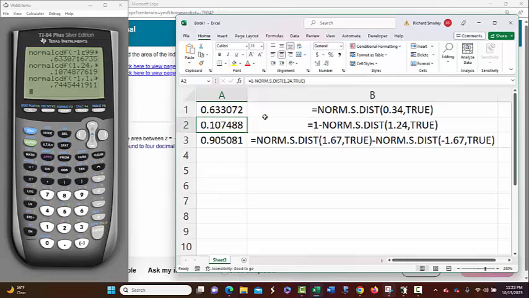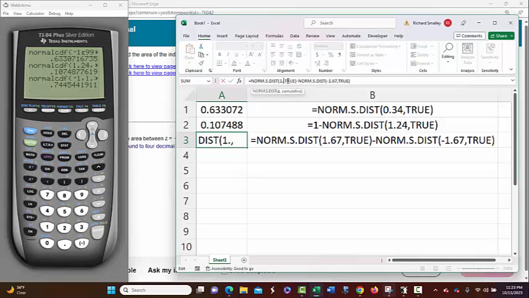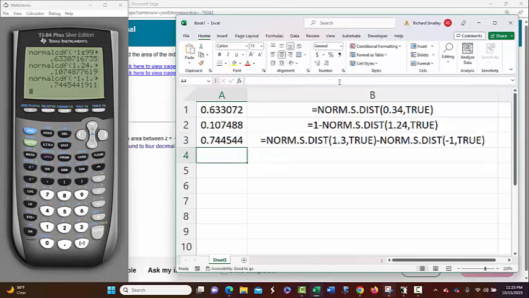But for Excel, the top one's less than, second one's greater than, and this is between two numbers, so it requires a NORM.S.DIST minus a NORM.S.DIST. So this is 1.3, and -1 is the lower. There you can see it right there in Excel, and it looks like it matches our answer. I like it. 7445.